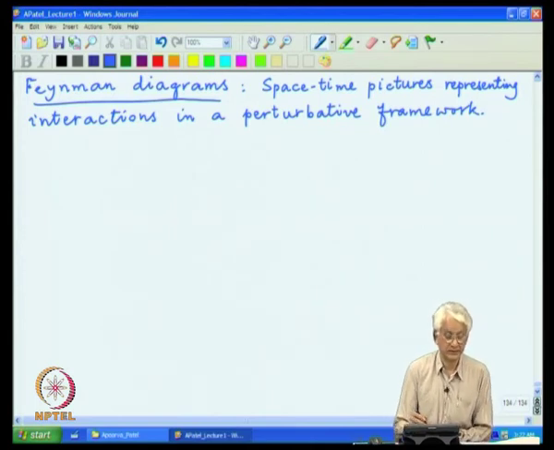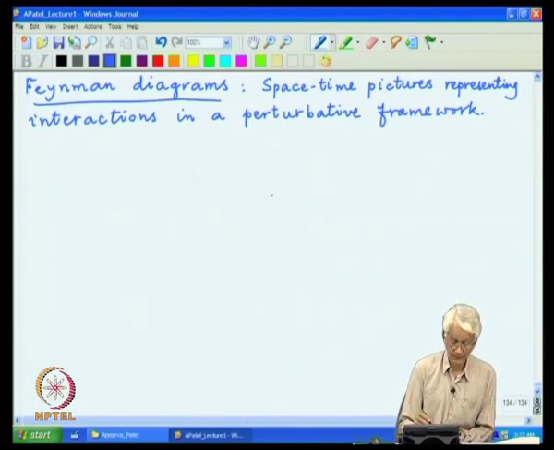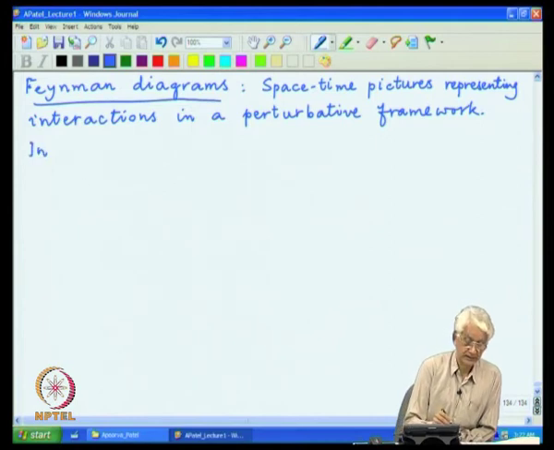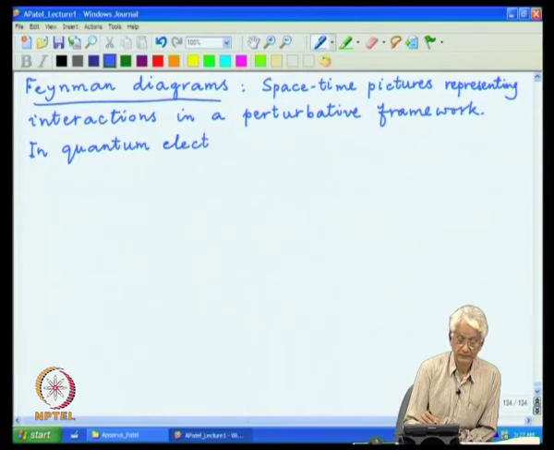This has gone much beyond the theory in which they were invented, namely quantum electrodynamics, but in QED they represent explicit expressions.